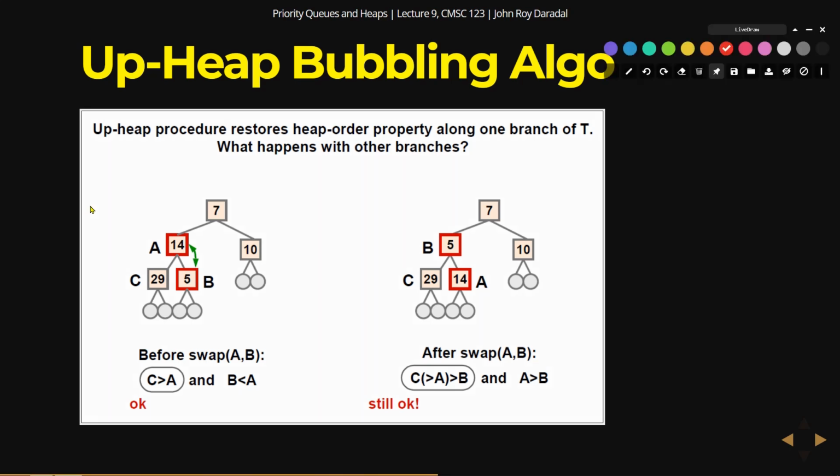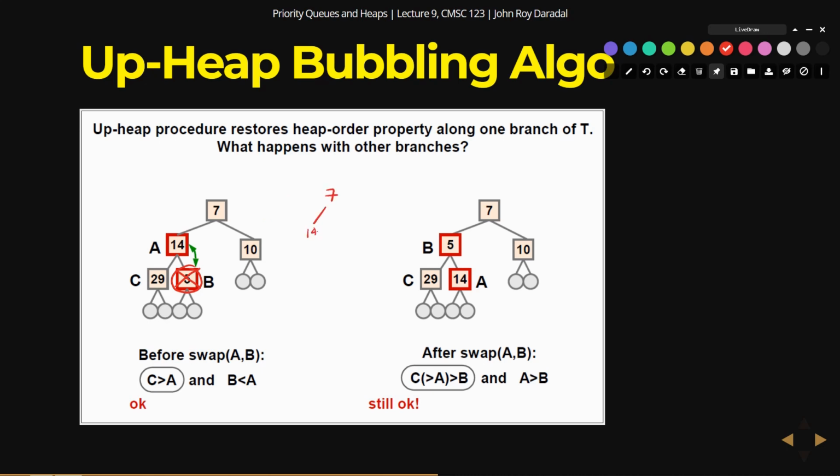Because here, for example, 5 and then 14, so these two will be swapped, so this will be 5 and then this will be 14, right? And before we added this, so before we added 5, when this was not yet existent, the whole tree was already a min heap, right?